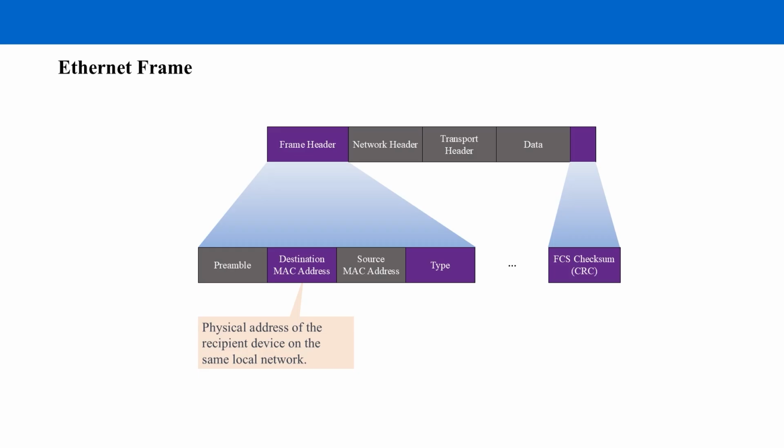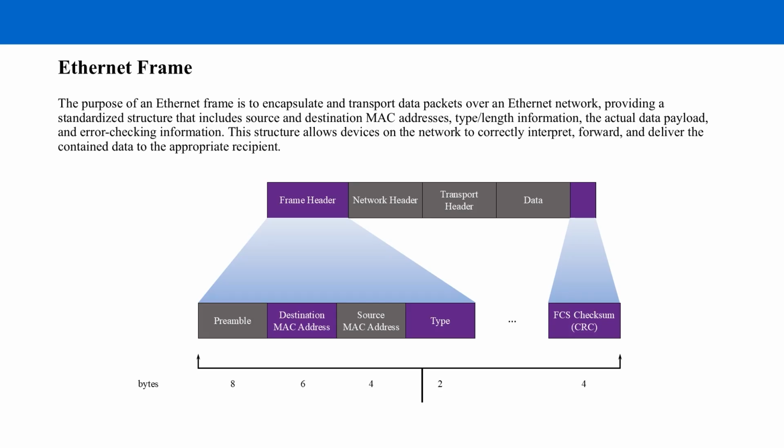The purpose of this Ethernet frame is to encapsulate and transport data packets over the Ethernet network, and provide a standard structure that includes the source and destination MAC addresses, as we mentioned earlier, inside the subframe, the type and length information, the actual data payload, and the error checking information.